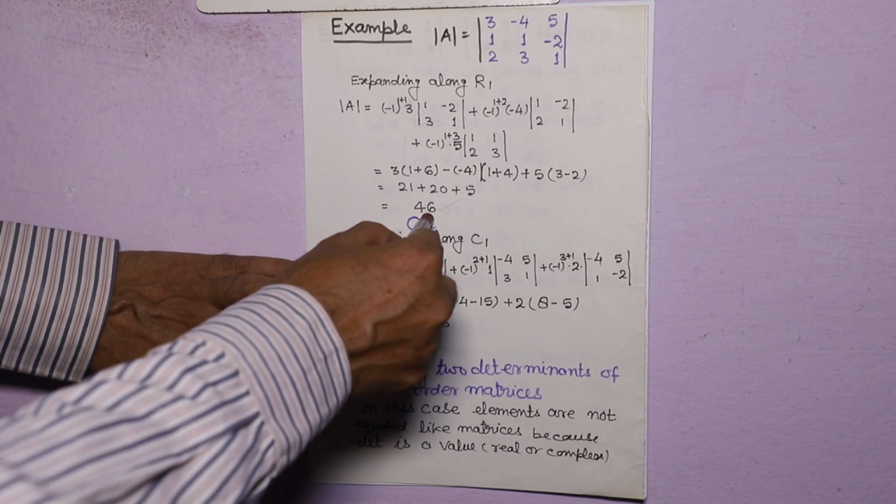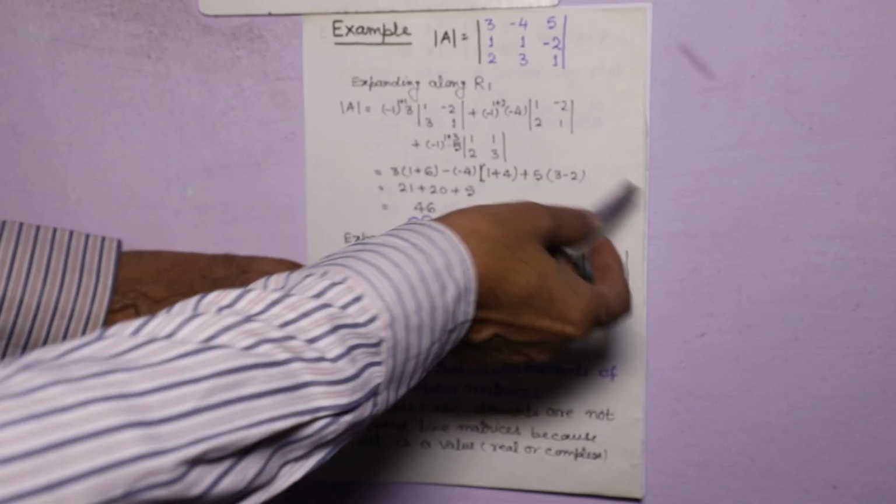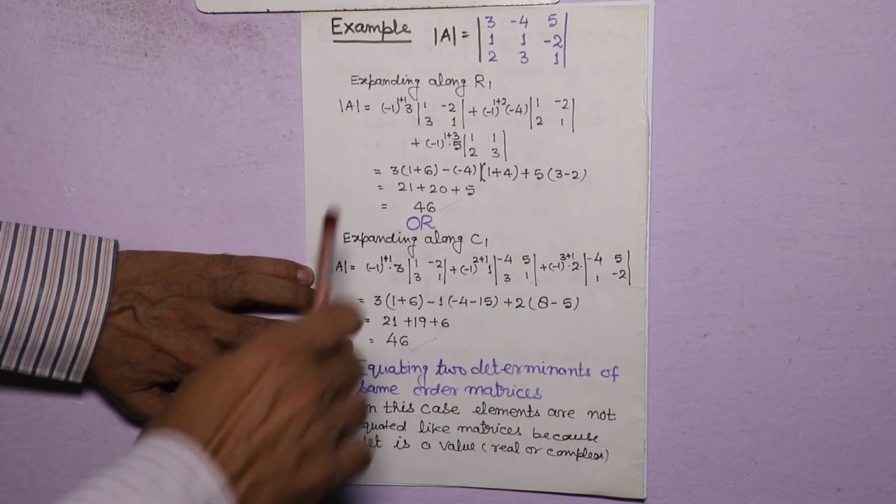We can expand it along the first column or any column, but we are expanding here along C1.